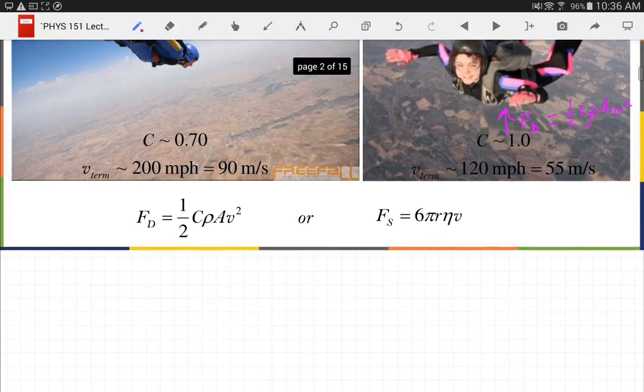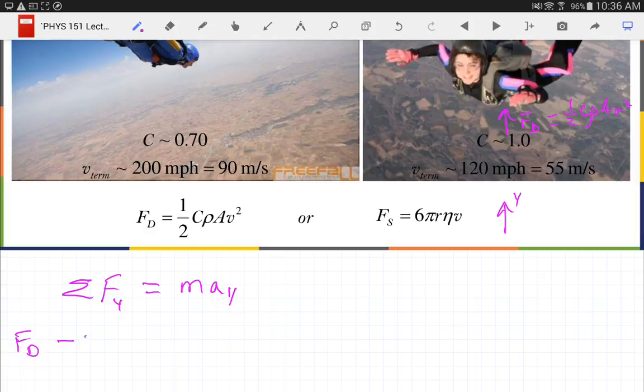So taking those and using Newton's second law in the vertical direction, the sum of the forces in the y direction is equal to mass times acceleration in the y direction. Looking at the picture, going up I had force drag, going down I had the force of gravity. Now, if force drag is not equal to force of gravity, what's going to happen?